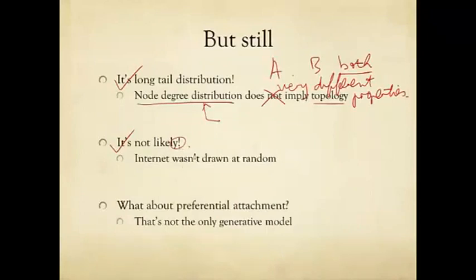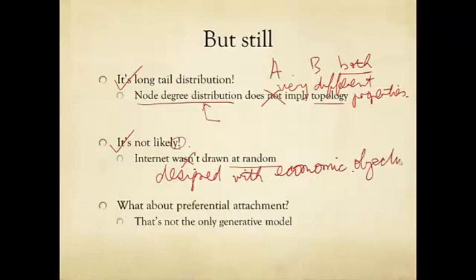However, the internet was not drawn at random. It was designed instead with an economic objective. We're coming to that in the next lecture. Simply put, we want to maximize the throughput going through the network, because that's how revenue will be generated, subject to technology constraints.